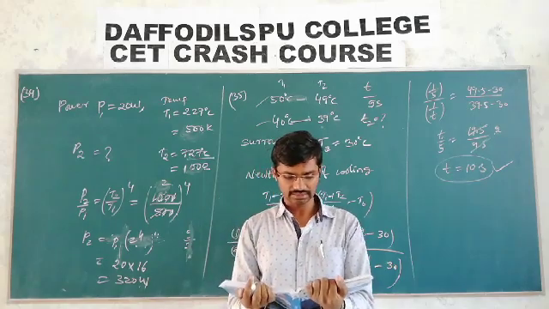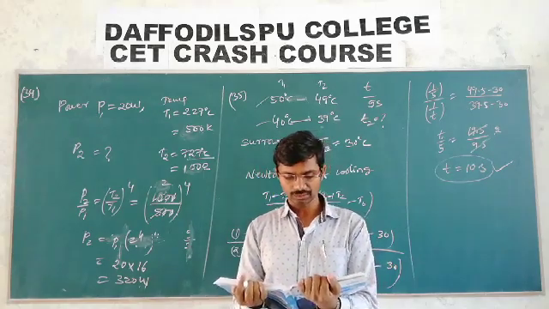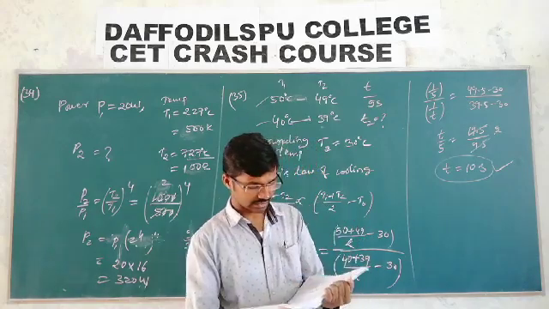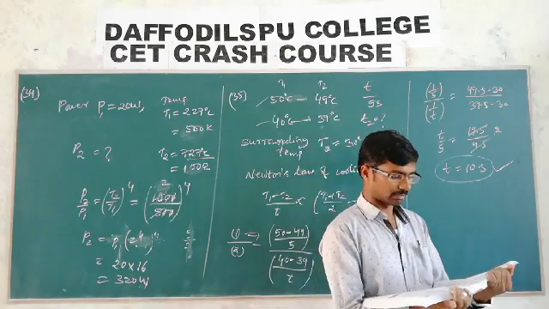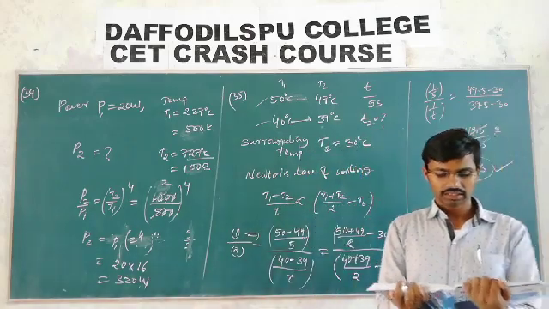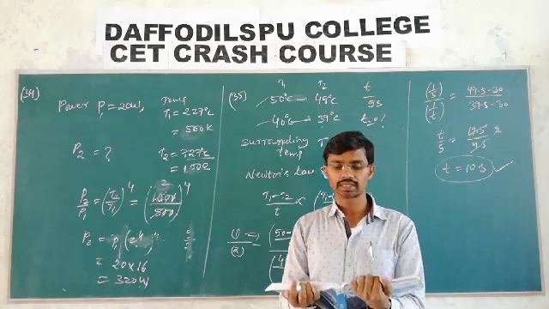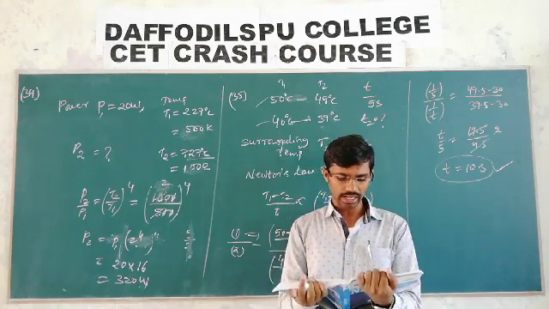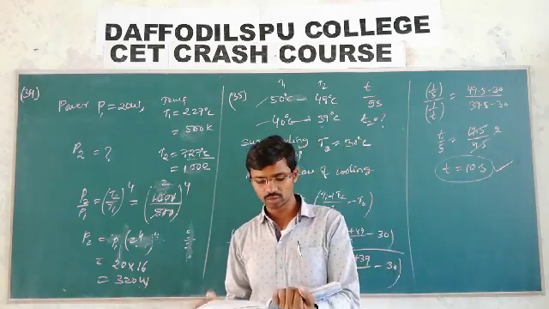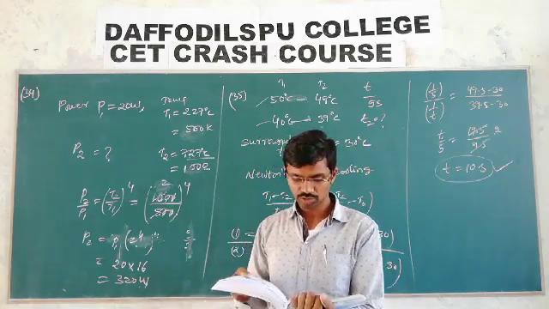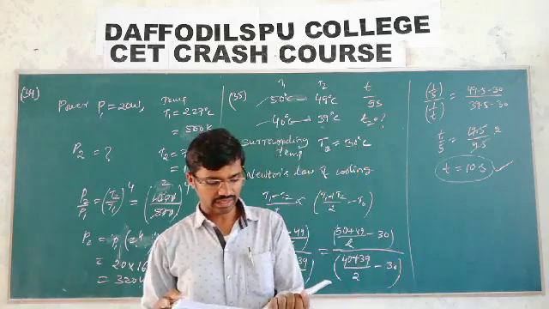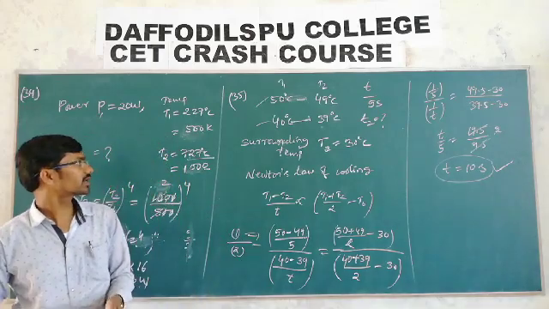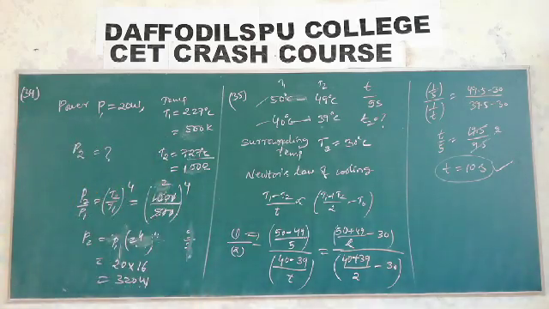Next, let us say 36th one. Consider two hot bodies B1 and B2 which have temperatures 100 degrees Celsius and 80 degrees Celsius respectively at t equal to 0. The temperature of the surroundings is 40 degrees Celsius. The ratio of the respective rates of cooling of these two bodies at t equal to 0 will be? So we need to find the ratio of the respective rates of cooling. What will be the formula for rate of cooling?